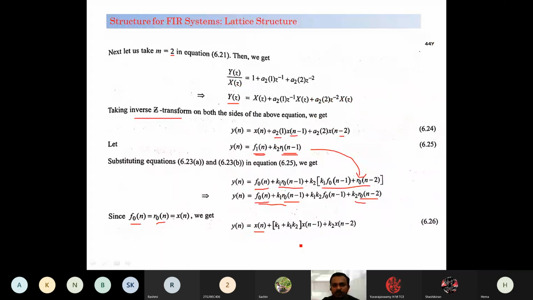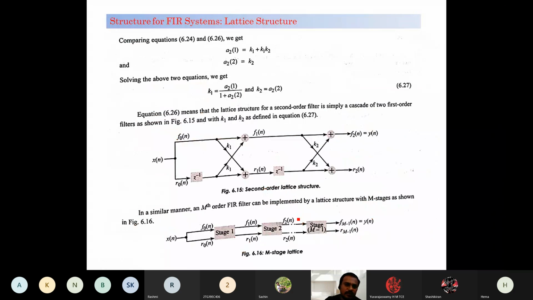It is nothing but a function of input, that is y of n is equal to x of n, with the coefficient values of the lattice structure, that is k1 plus k1 k2, which is the coefficient of the previous element x of n minus 1. Then the other previous element x of n minus 2 has the coefficient k2. So k1 and k2 are the lattice structure coefficients. If you go for the actual coefficients, those are a2 of 1 and a2 of 2.